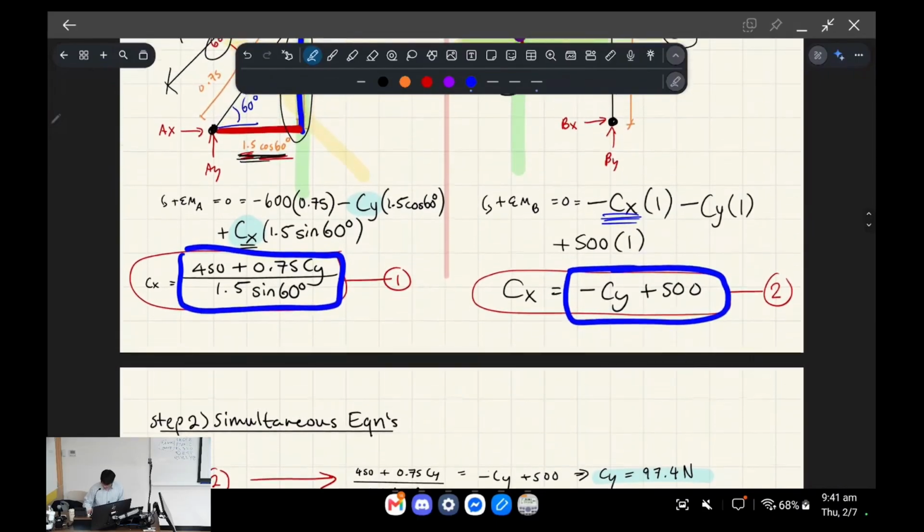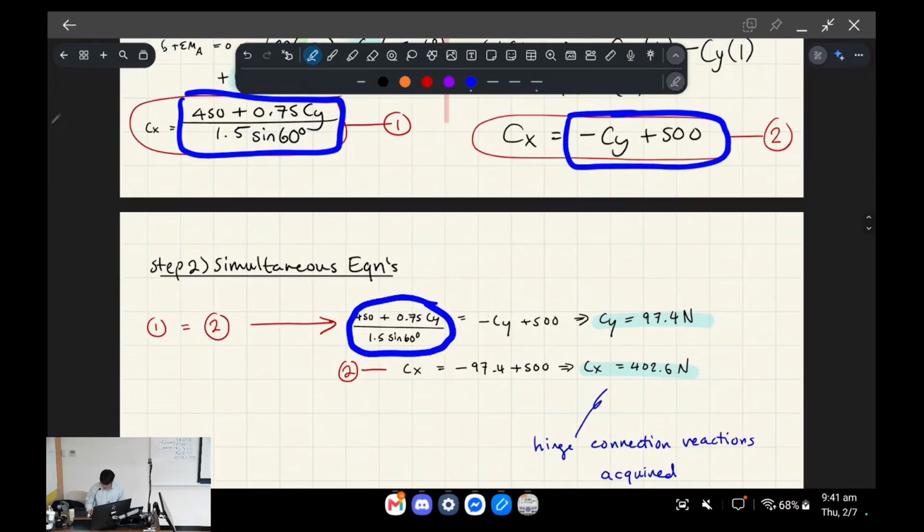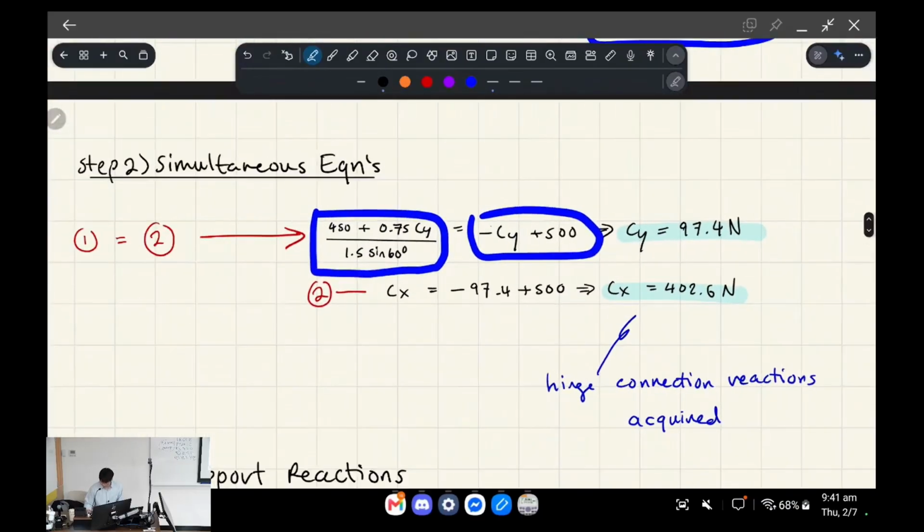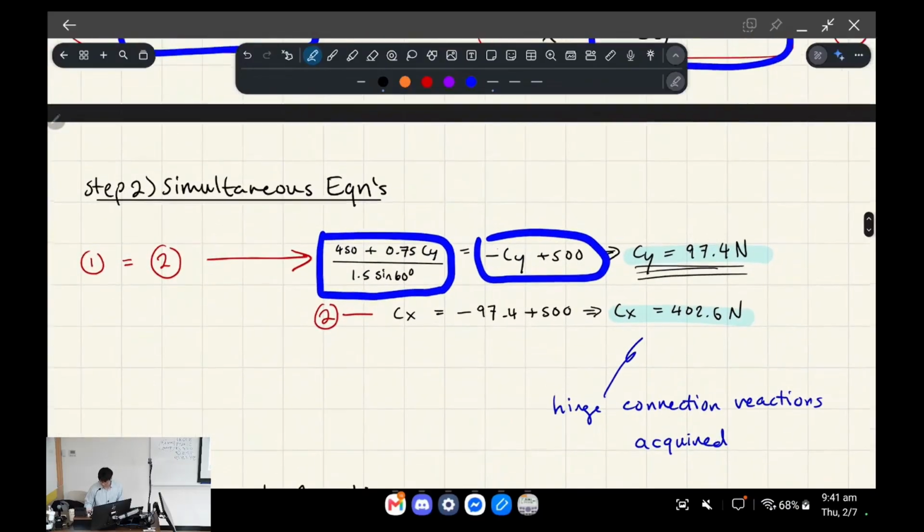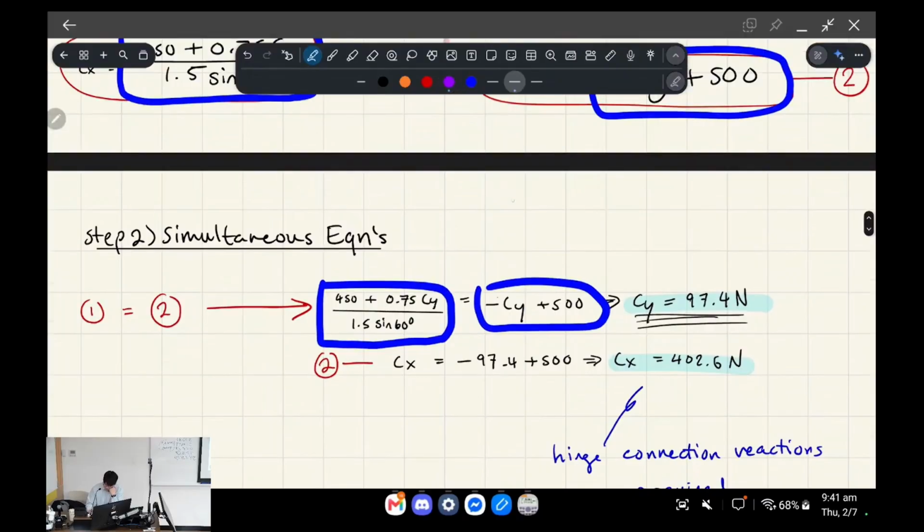So this is equal to this, okay? And so that's basically going to give us an expression in terms of only one unknown now, Cy. So once we group Cy together, we can rearrange it and find that Cy is equal to 97.4.